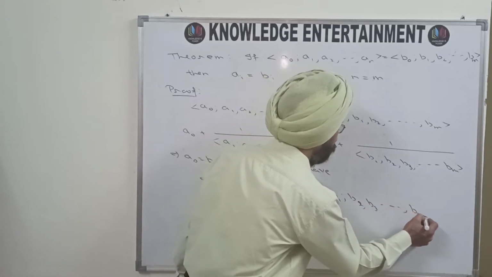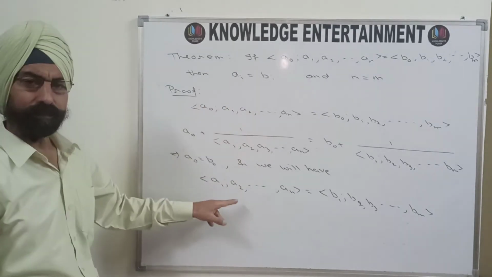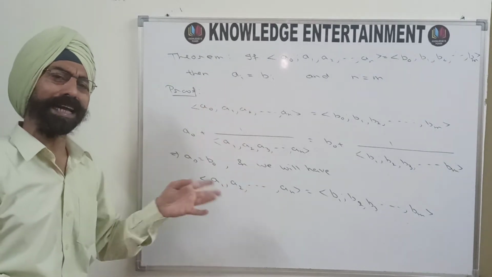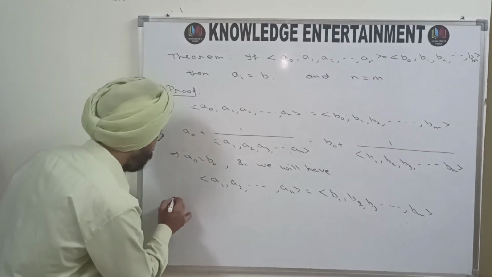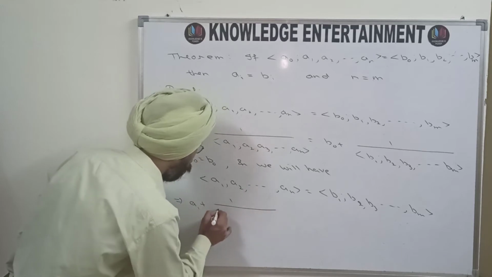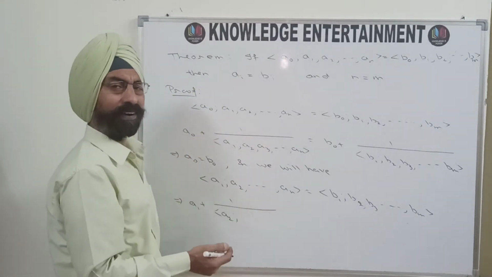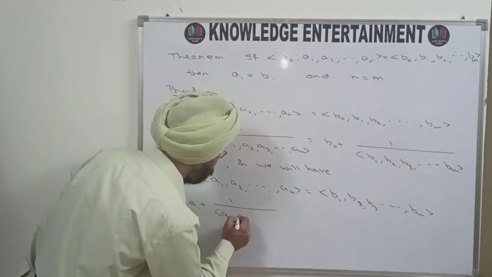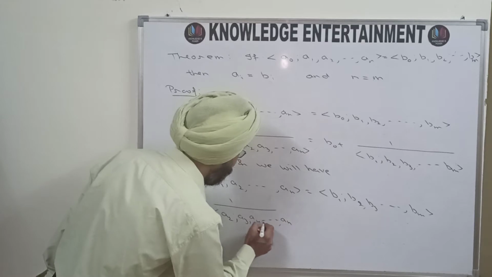Applying the same technique here, the left hand side now becomes a1 plus 1 upon the simple finite continued fraction [a2, a3, a4, ..., an], whose integral part is a2.